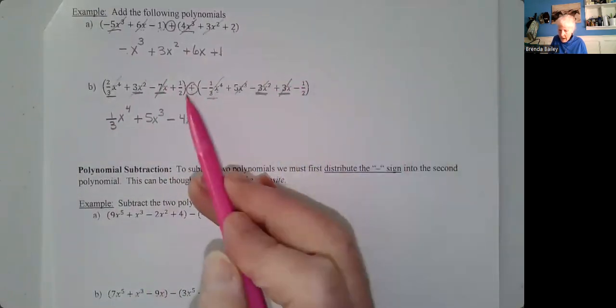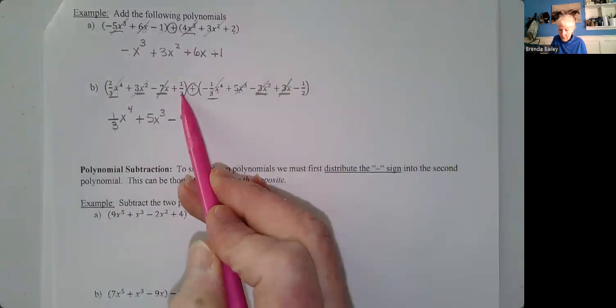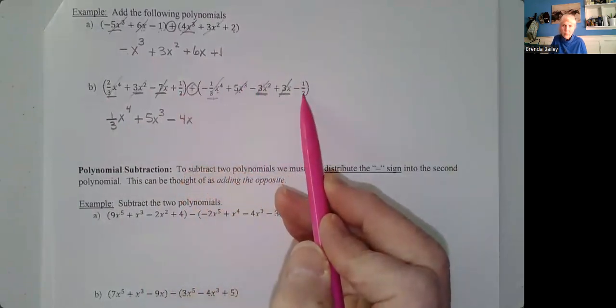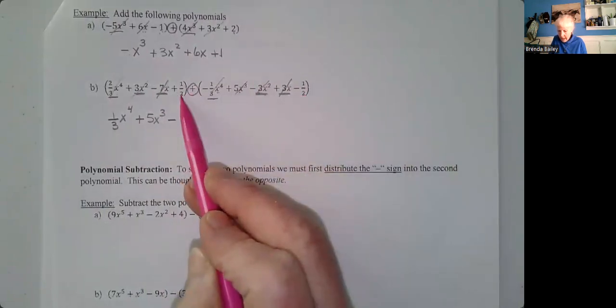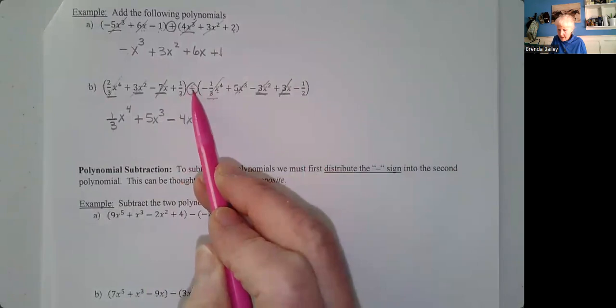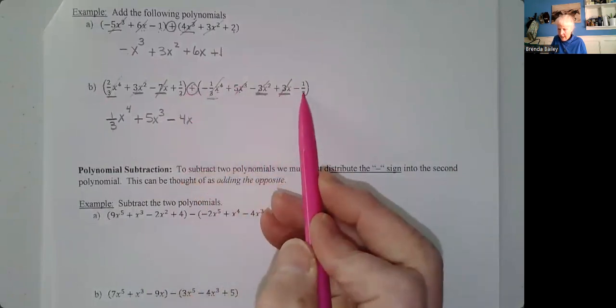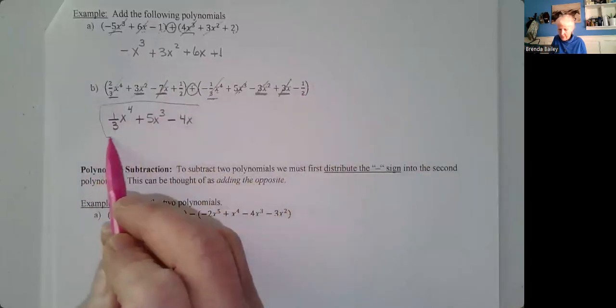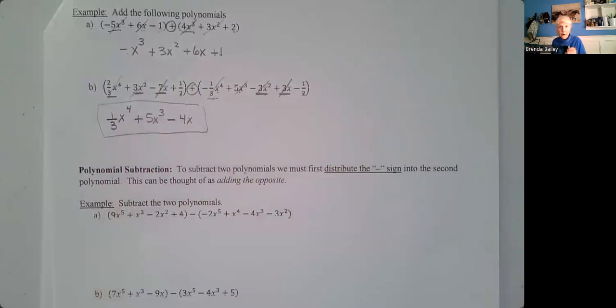And then we have a positive 1/2. It has a degree of 0, so we can add it with any other constants. Most of the time we just call them a constant. So 1/2 plus a negative 1/2 is 0. So we don't put it in, and there would be your answer in descending order of power.